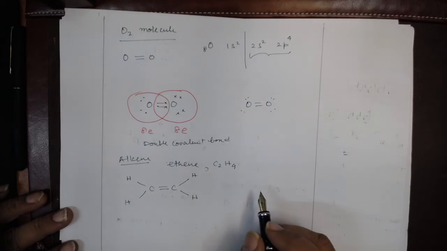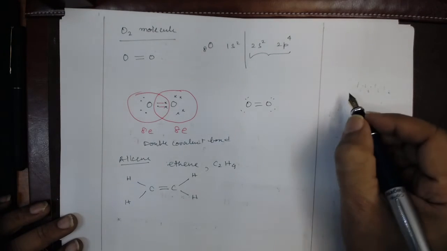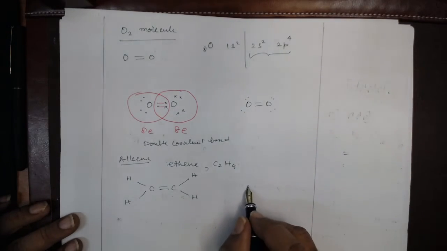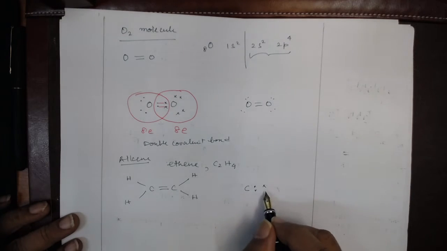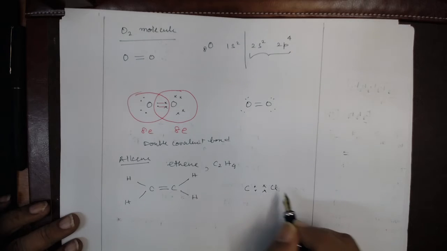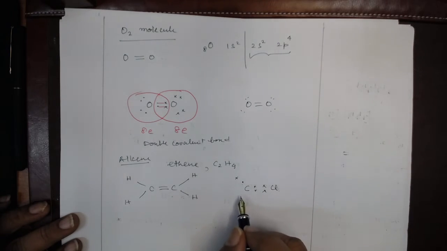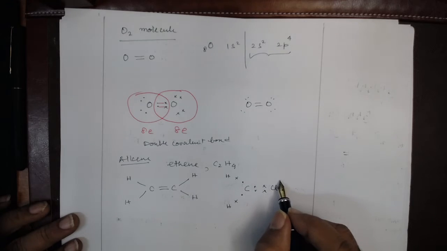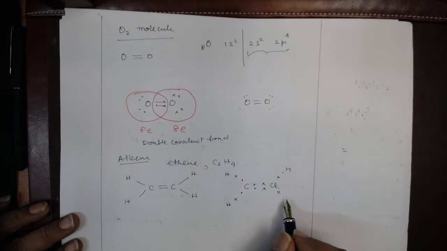Let us illustrate the structure for this. So you have C, electron, C, and 1 electron, and 1 is for hydrogen, and similarly for hydrogen, for hydrogen.